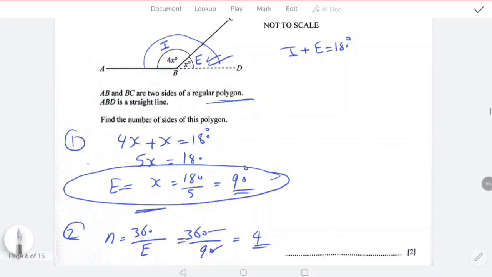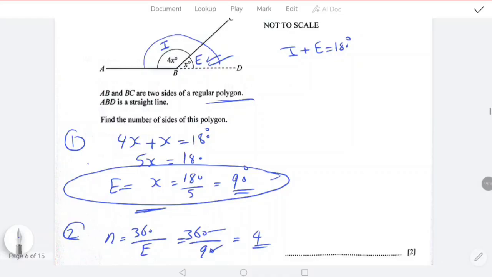Interior angle plus exterior angle is 180. So 5x. How is 180 over 5 90? Oh, that's a nice mistake.